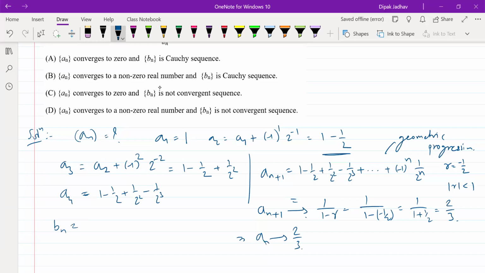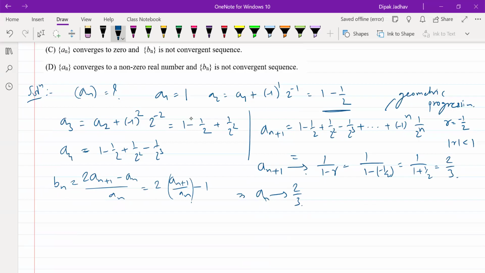Bn is 2 times An plus 1 minus An by An. That is 2 times An plus 1 by An minus 1. I can write it like this. We divide by An. Is it possible to compute the limit of Bn?